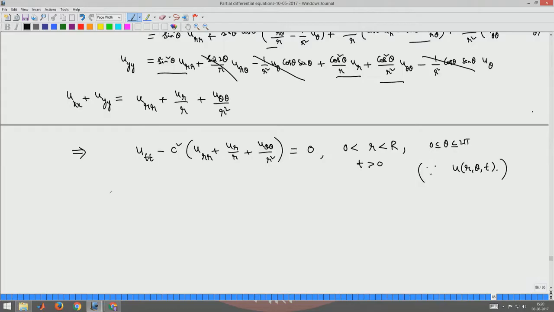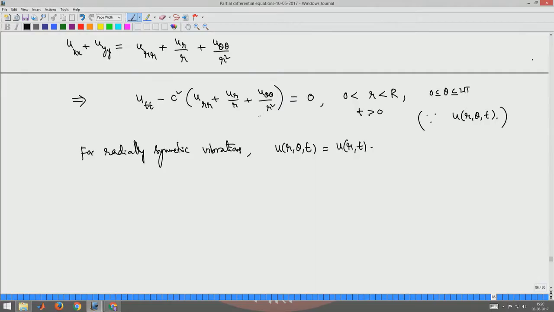So, now if you consider a drum which is radially symmetric, for radially symmetric vibrations, u of r theta t should be independent of theta. That means u depends only on r and t.